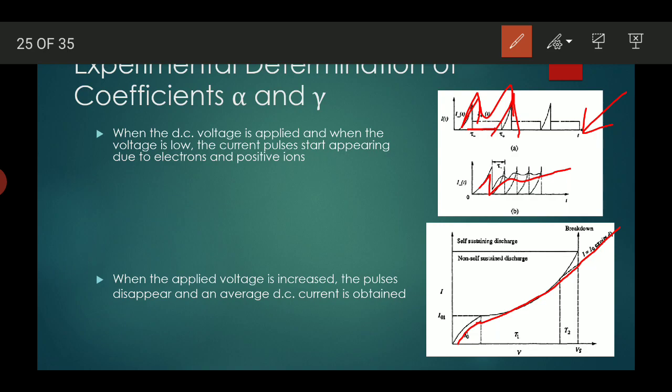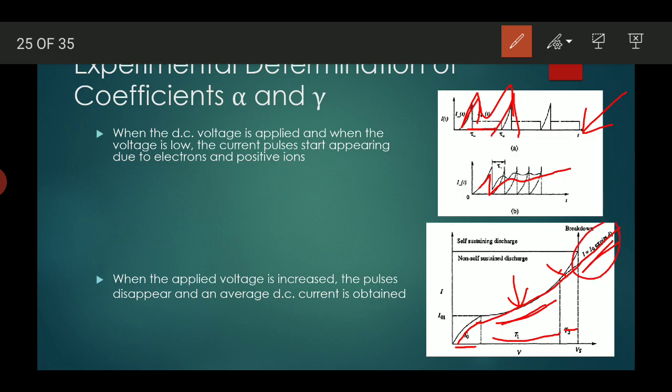In the initial portion, that is the T0 part, the current slowly but unsteadily increases with the applied voltage, and in this region and this region, T1 and T2, the current increases steadily due to the Townsend mechanism. In these two parts, the electron is released due to the Townsend mechanism, and beyond T2, that is this part, the current rises very sharply and a spark occurs.